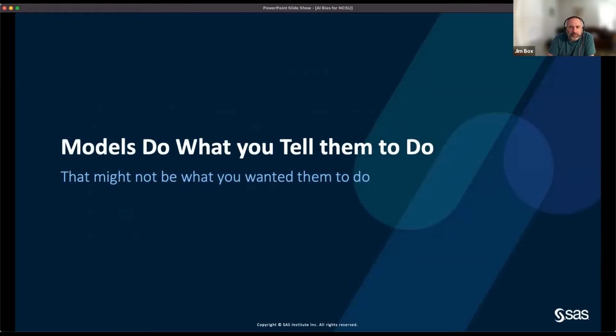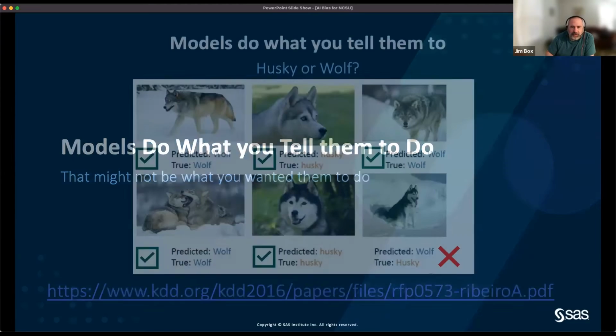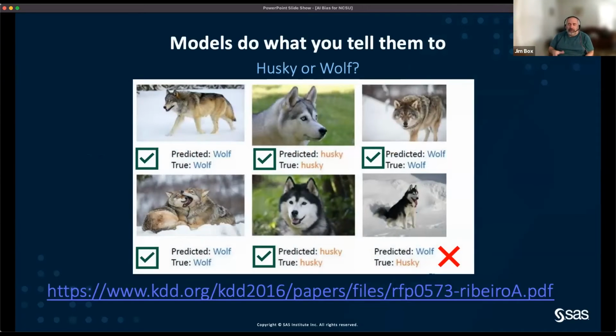All right, so that's the training data perspective. The second thing I want you to think about is that models do what you tell them to do, right? And it's very important to understand that. You may assume some nuance that your model is not going to assume. And here's a really good example. This is a little bit of a constructed example, but these guys wanted to prove a point. So they trained a model to distinguish between a husky and a wolf.